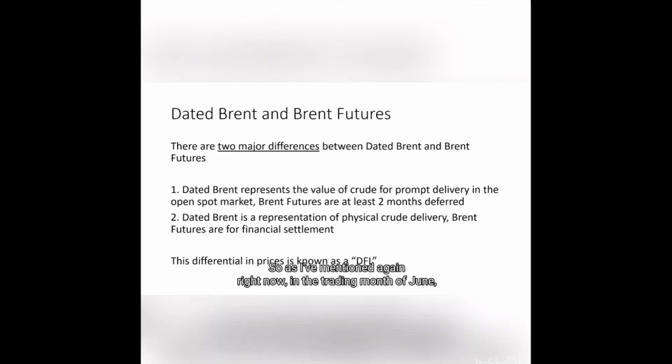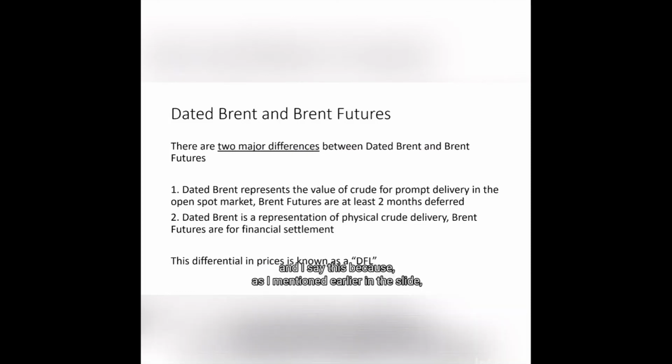As I've mentioned, right now in the trading month of June, the earliest Brent future you can purchase is August Brent futures. Secondly, dated Brent is a representation of the physical crude delivery market.